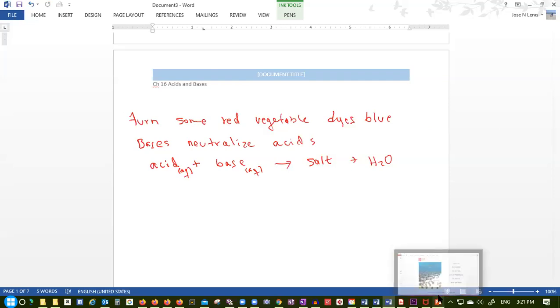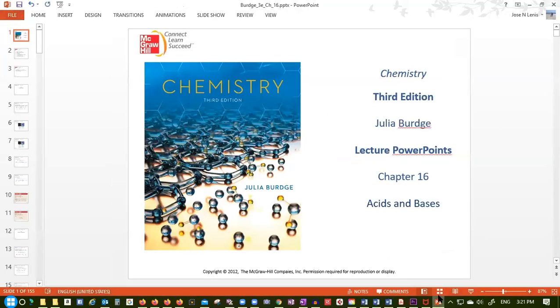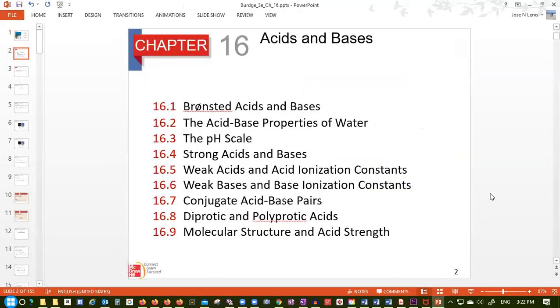Let's jump to the chemistry part. We are going to discuss acid-base theory, including Bronsted-Lowry acids and bases, the acid-base properties of water, the pH scale.